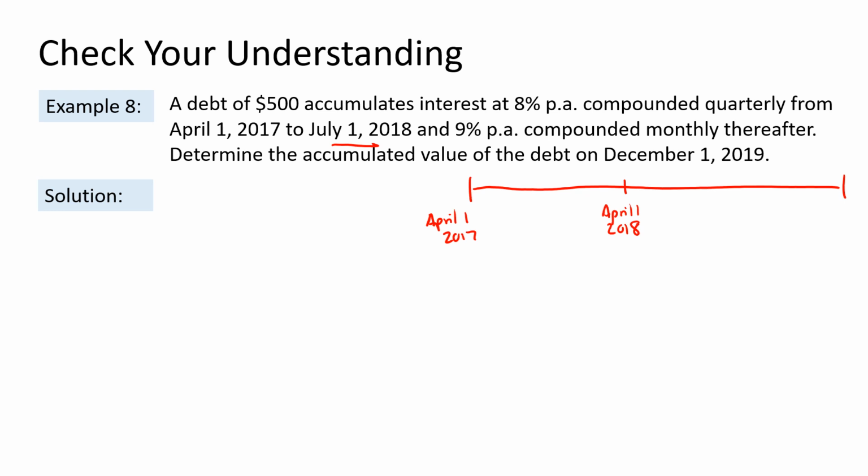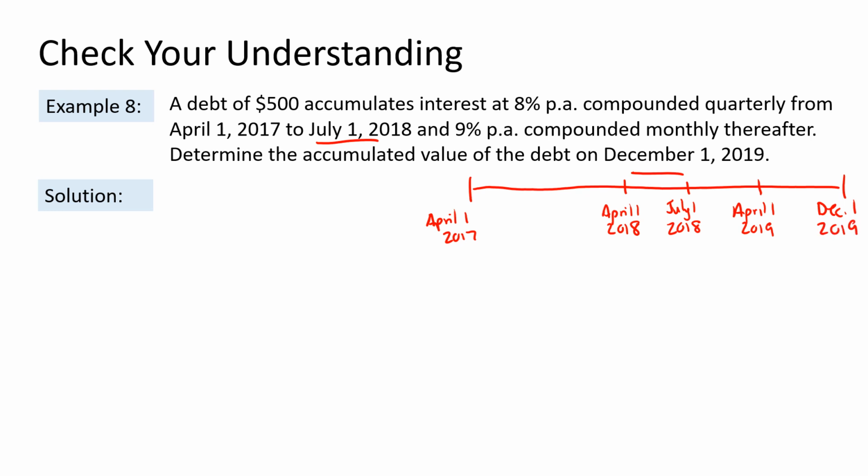Then I'll keep going to April 1st, 2019. Again, I'm going just in 1 year increments here to make it a little bit simpler. And we see here that neither one of our dates follows that. We have a July in 2018, which is somewhere in here, and December 2019, which is after April, we'll call it somewhere here.